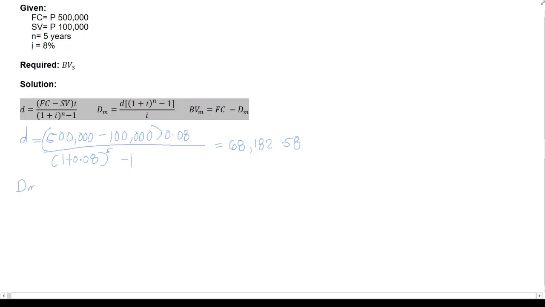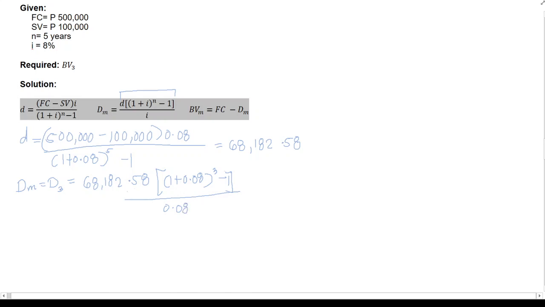Okay, so for the depreciation at the third year, that is D3 is equal to the depreciation for this one, multiplied by this. So it is already 68,182.58, multiplied by, so don't forget the brackets, 1 plus 0.08 raised to the useful life, which is 3, minus 1, and that is divided by 0.08.